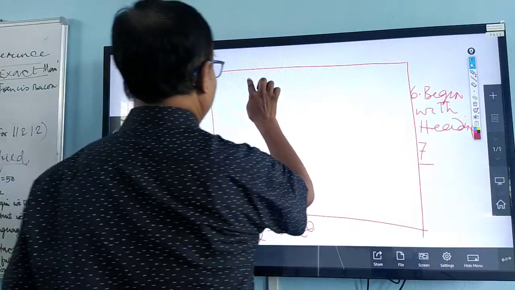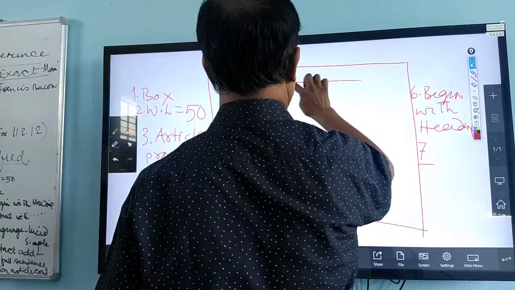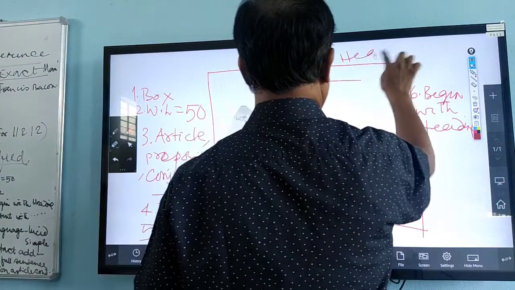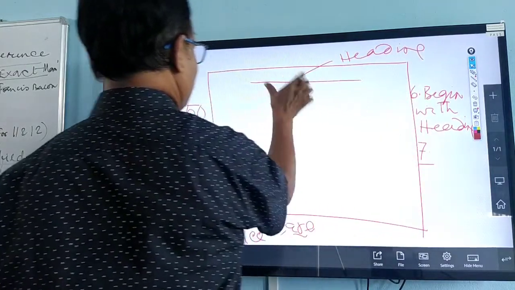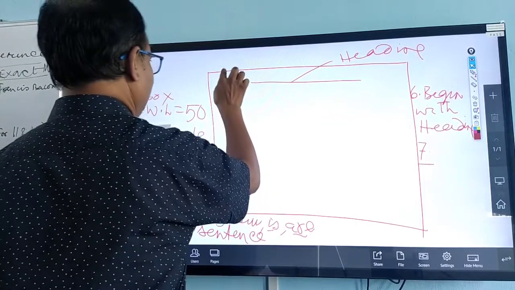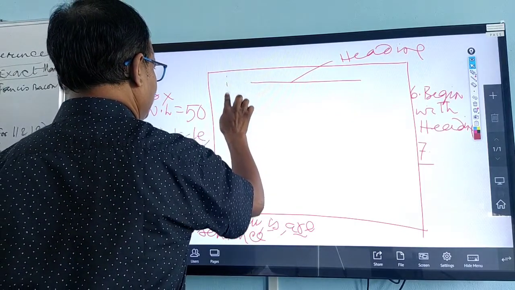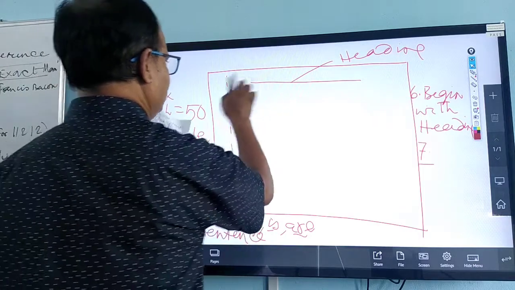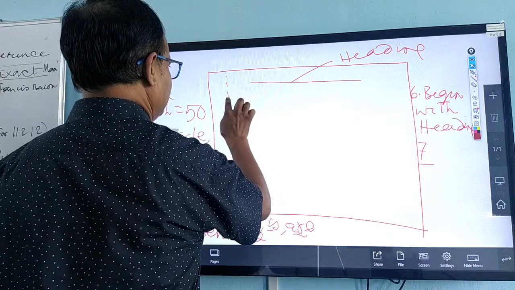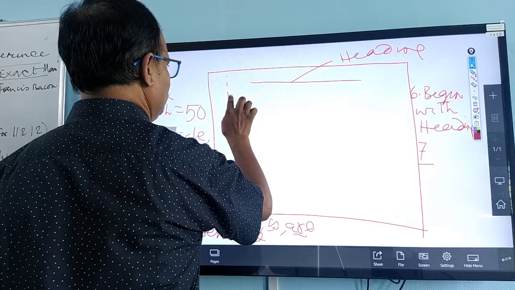So the heading will be coming here. This will be the heading part. After putting the heading in the center, then we will have to go to the imaginary line. This is the imaginary line. You should not draw it in the exam. And in the following line you will be writing.